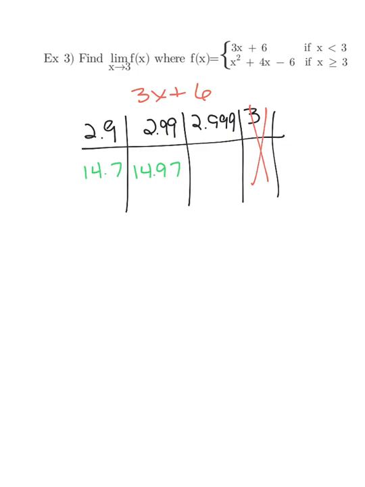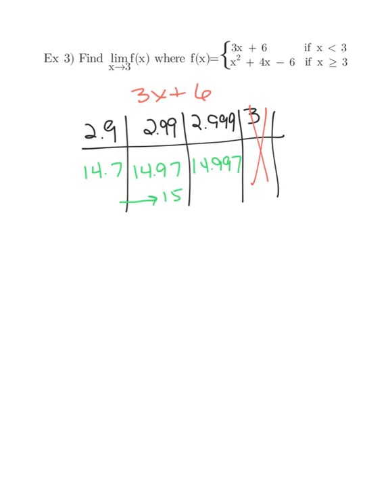Put 2.999 in, and we will get 14.997. So what number are we getting closer and closer to here? We are approaching 15. So now what we need to see is, will that also happen from the right?